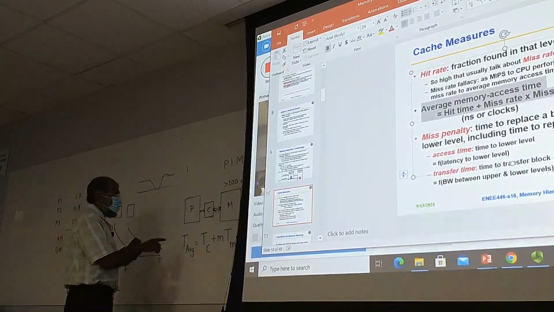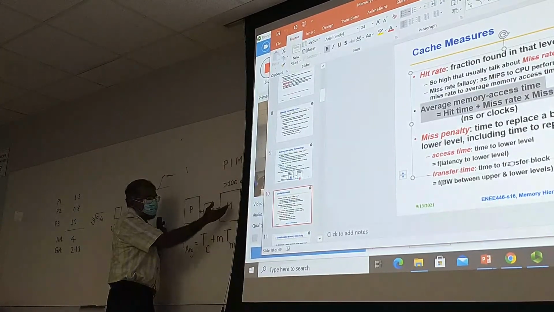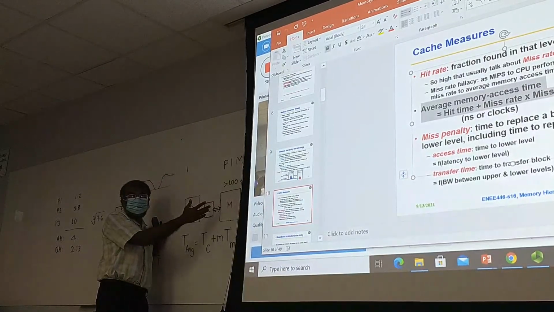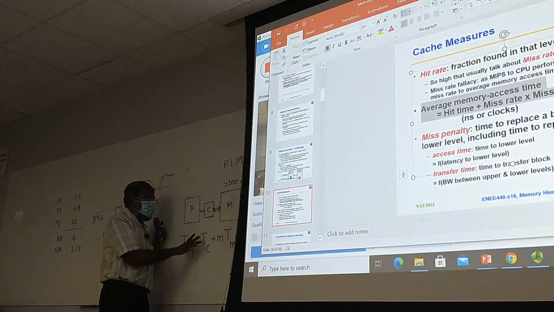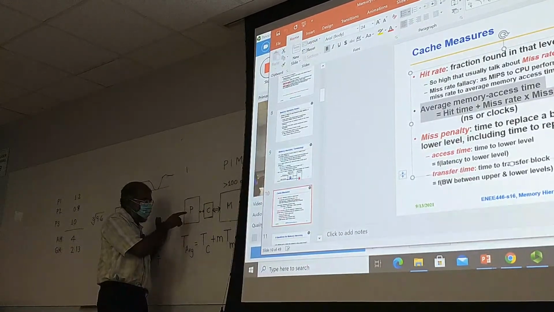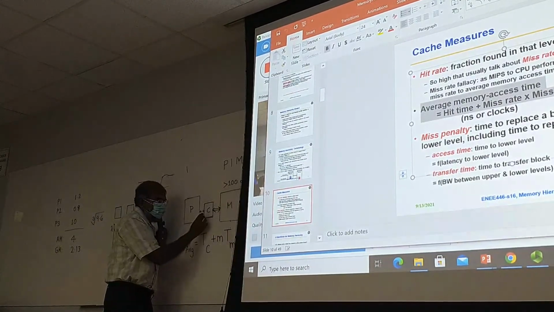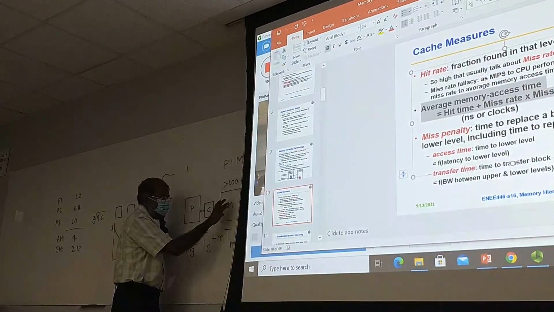because when the processor is sending a request, and if it's a miss and it's being serviced, the processor may still keep sending other requests. So the question is, where do you charge that to? In this sequential model, it's easy to charge time appropriately. So you take some time to look at the cache, that's easy, and if you miss, then you do this.